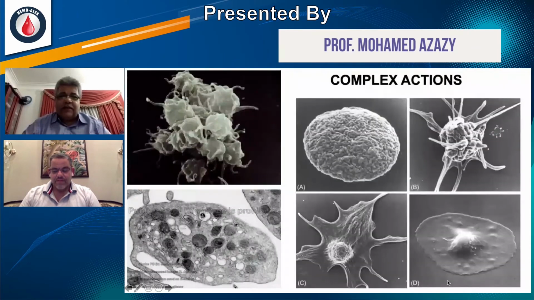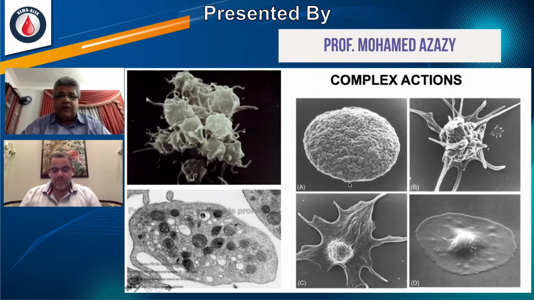This can be well illustrated if you look here, and you're going to see the platelet can function in different ways. This is a quiescent platelet that will act when it gets activated by collagen or fibrin or whatever, and it will secrete, and eventually it will lose its function.